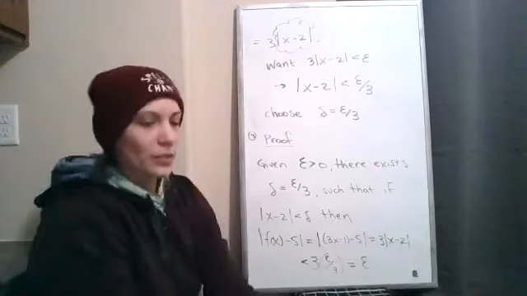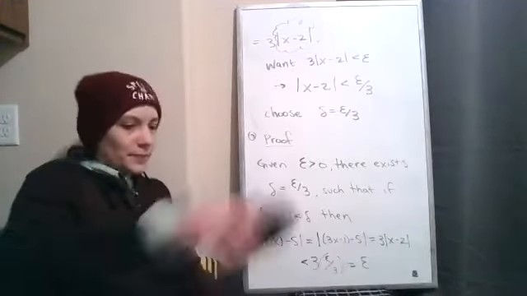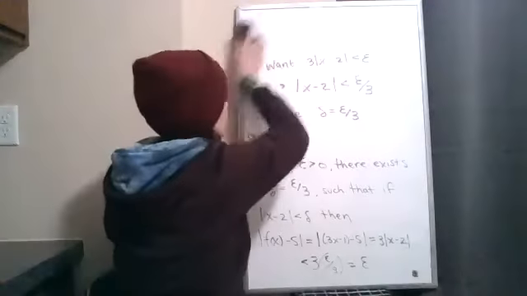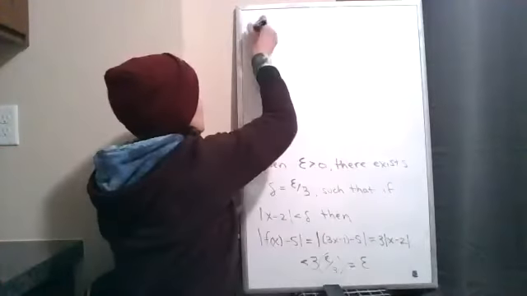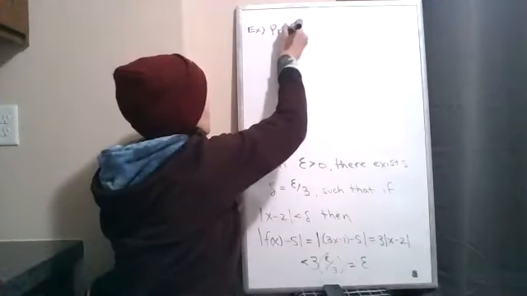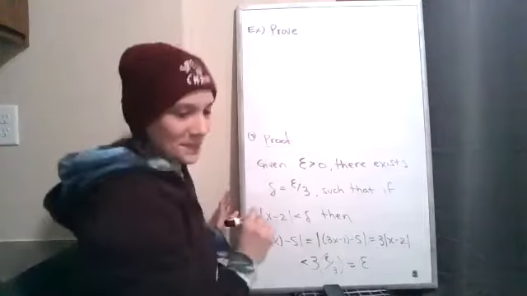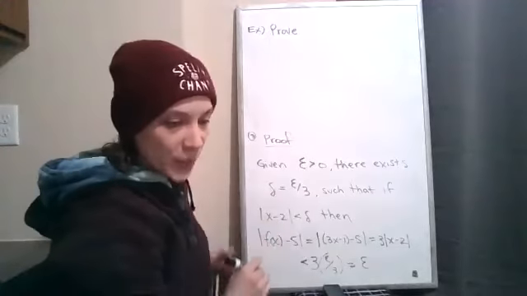Next one, we want to prove the limit as x goes to 4 of x squared.